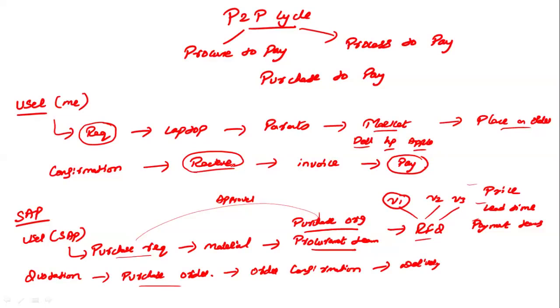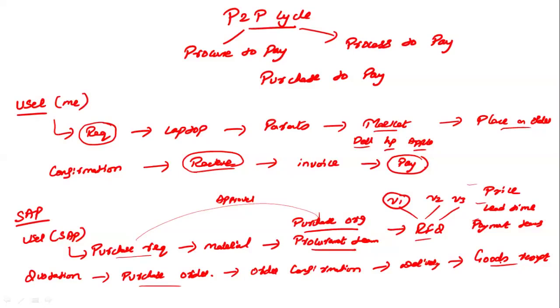The same applies here also. When the delivery happens, you are going to process the goods receipt in your system. So goods receipt helps us tell that the supplier has supplied the goods and we have taken the goods. In SAP terminology, it is called goods receipt.